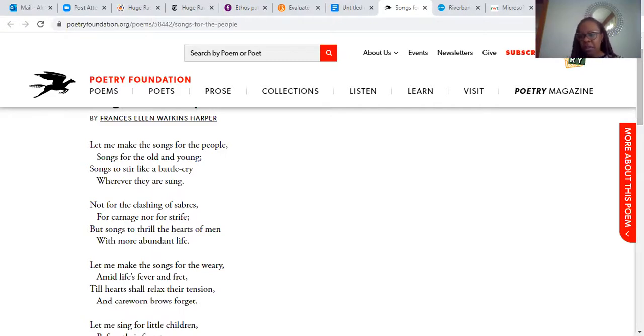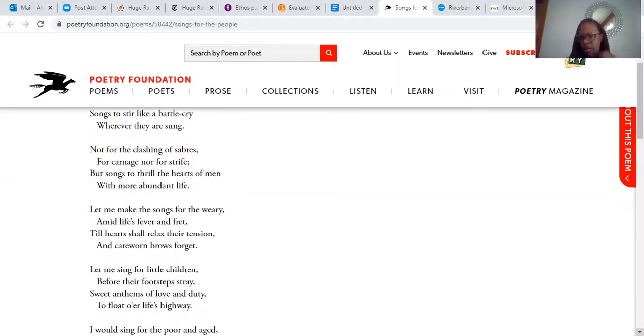So it could maybe just be my obsession with literature, with reading. So maybe I just hold these ideas in my head all the time. But I'm thinking when she considers the songs that she's making, she's speaking literally, but she's also speaking figuratively.